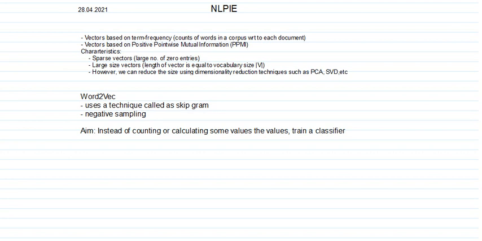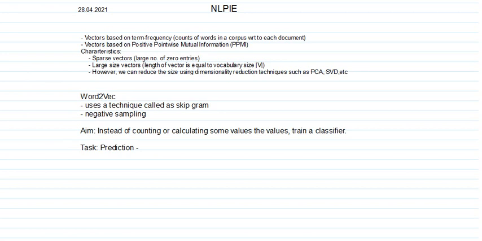So what is the task here? In a classifier, the task is a prediction task. So what could that prediction task be? We can predict whether a particular word is in context with another word or not.